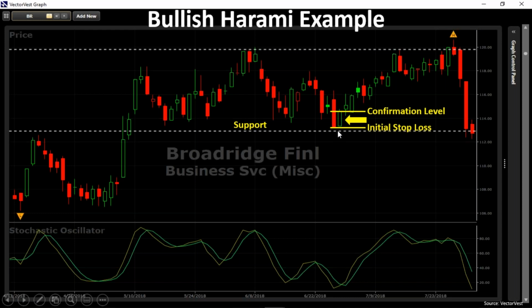Because you're so close to it, right? You don't want to have the stock go below your initial reversal signal stop loss and then stay above support and continue to move higher. It would make sense if you're that close to support, just use support as your initial stop loss, because as you could see, the stock had a hard time breaking through that level. You hope that that continues, and it did.